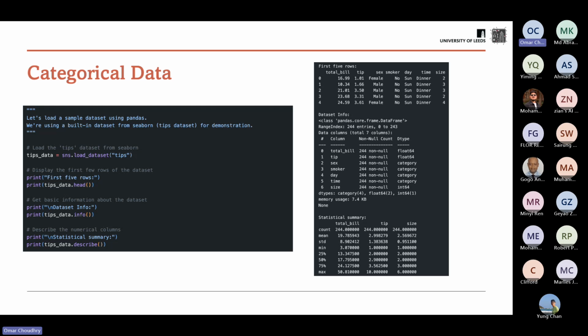What was their total bill? What was the tip they gave? What was the sex of the person who paid the bill? Were they a smoker or not? What time of day was it? Was it a lunch or a dinner meal? The day, I believe in this example, was a Thursday, Friday, Saturday, or Sunday. And size was the number of people that were present in that meal.